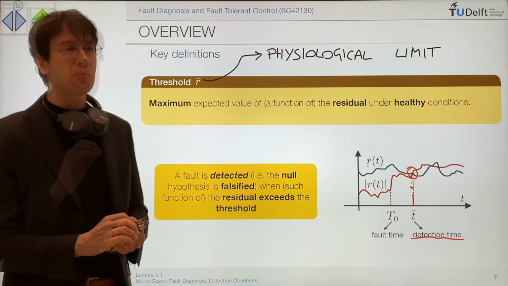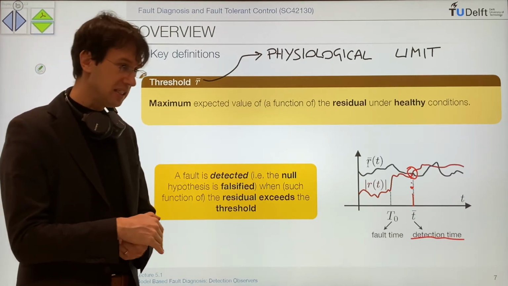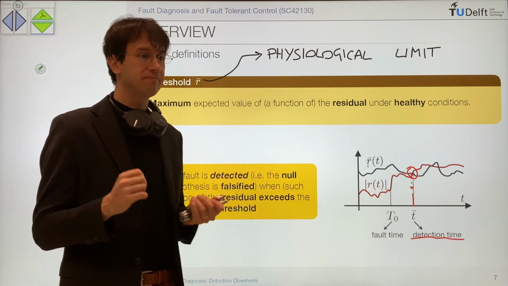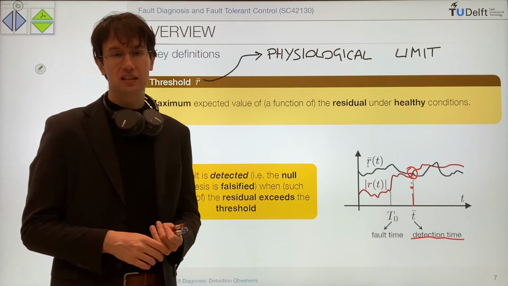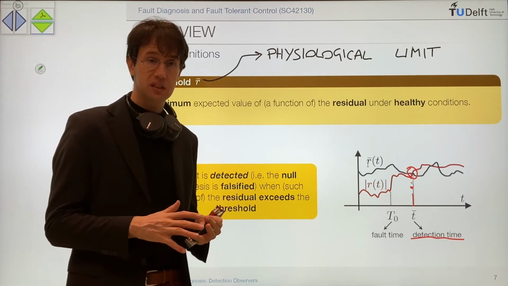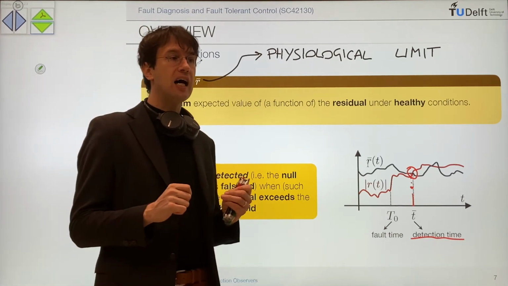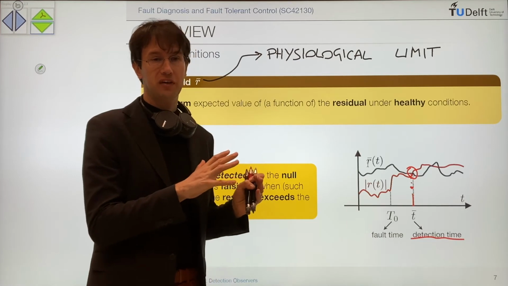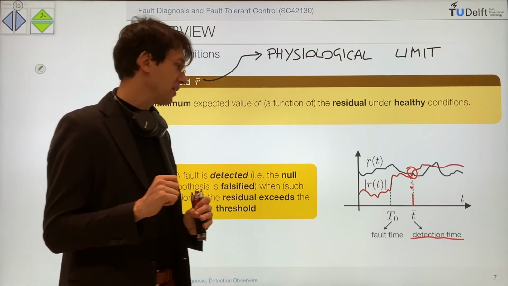We already introduced in previous lectures this dichotomy, this contrast, this conundrum between being sensitive and being robust: having a high true positive rate and a low false positive rate.